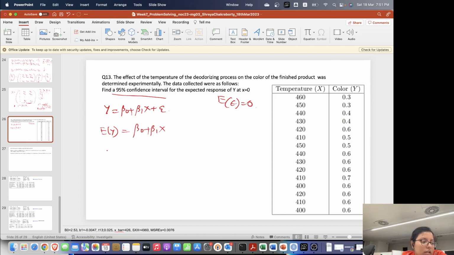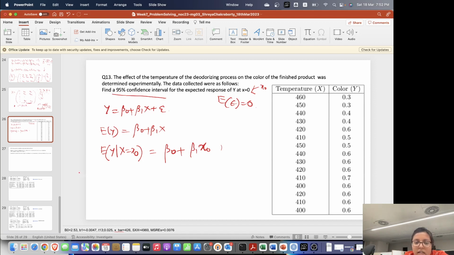So now when we have expectation of y given x equal to x naught, here x naught is 0. Then it becomes beta naught plus beta 1 x naught. We are substituting this x value with x naught because x is given. Now we have to find out a confidence interval for this quantity.